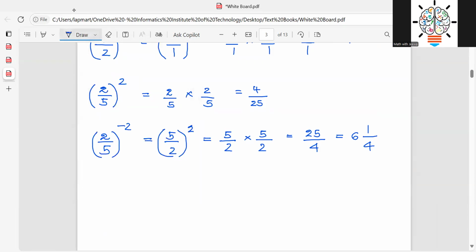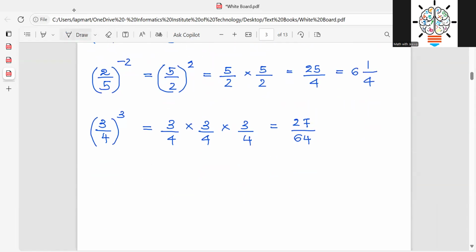Let's say you have 3 over 4 to the power 3. What does this mean? 3 over 4, 3 over 4, and 3 over 4. What is the answer? 27 over 64. Right?